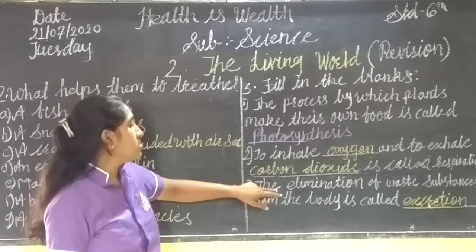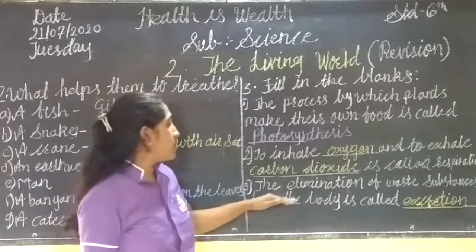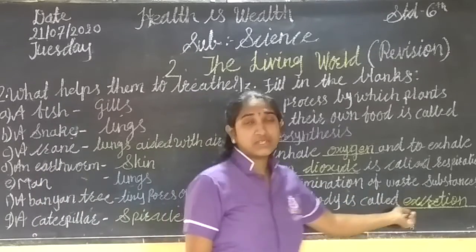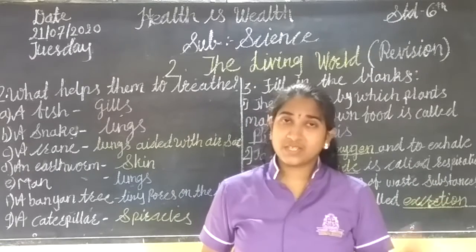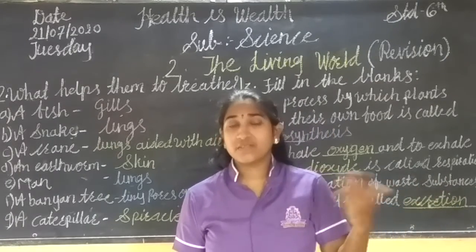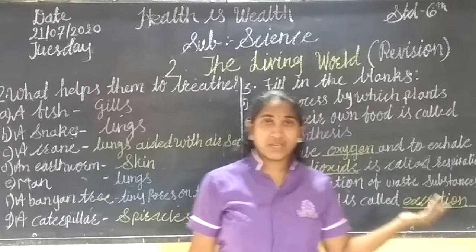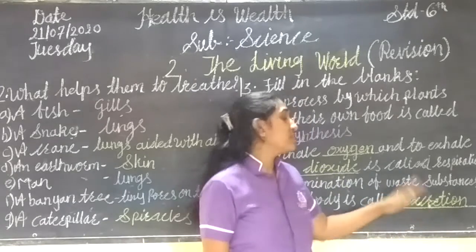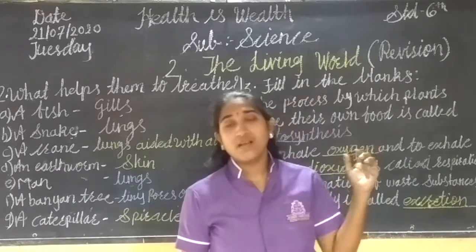Then next: the elimination of waste substances from the body is called what? Excretion. We also learned that. For human beings it is also excretion. That means the waste in our body that we leave out. This elimination process is called excretion.